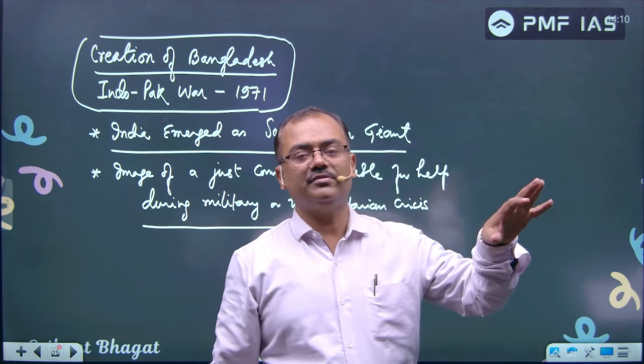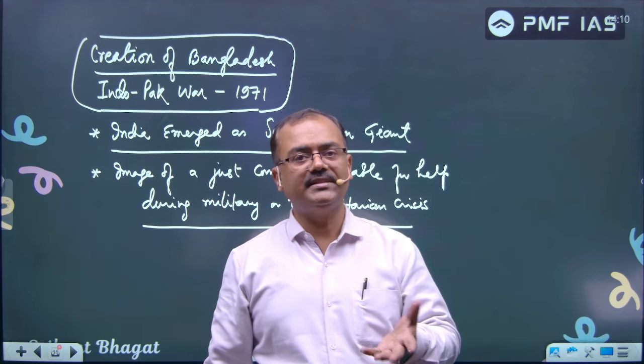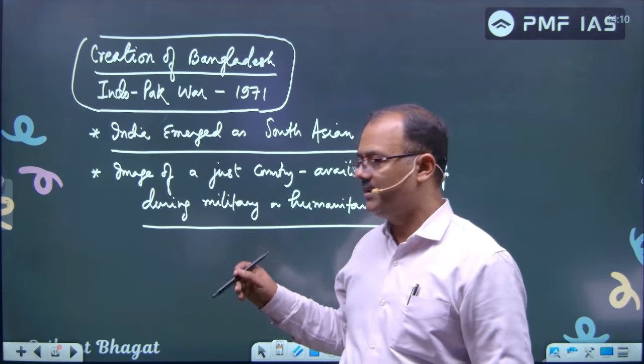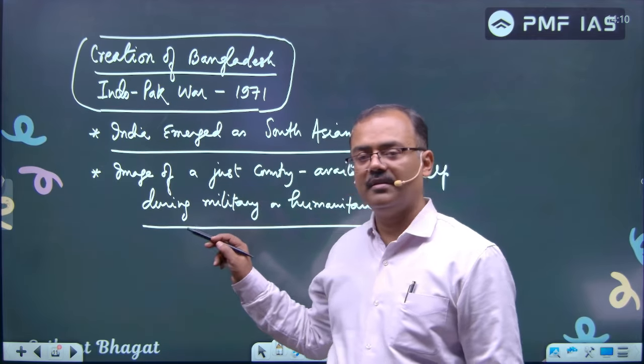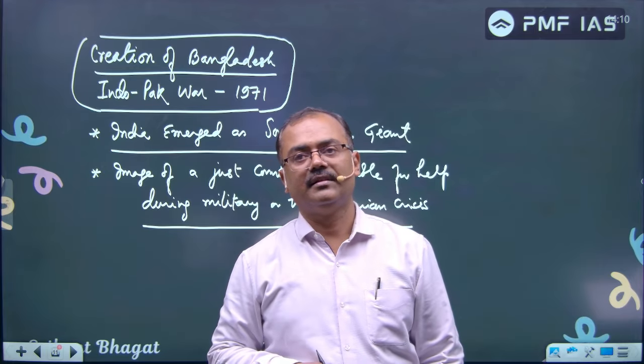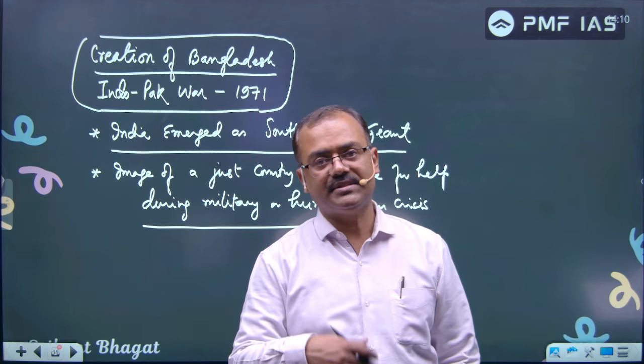It gave a message to the world that if some humanitarian crisis takes place, India is ready. India will not just provide military support, any country can give that, but financial assistance, humanitarian support, allowing refugees a safe passage, safe settlement.